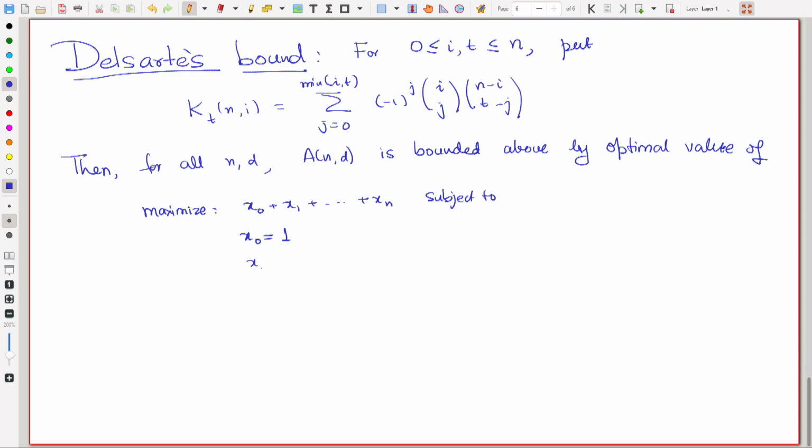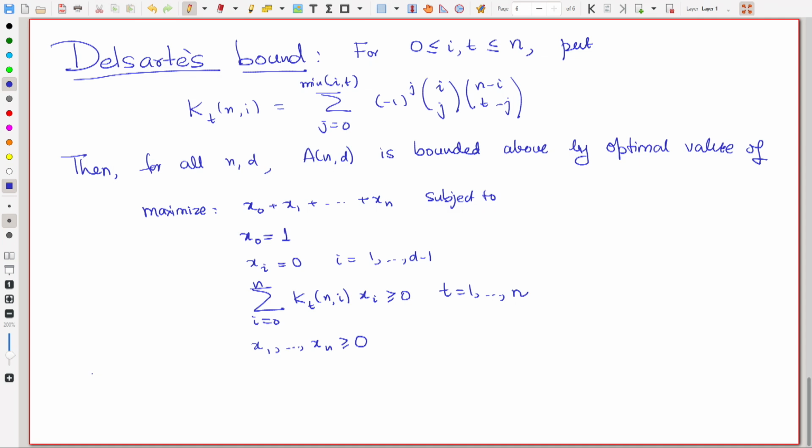Sorry, this looks a little silly, but x_i equals 0 for i equals 1 to d minus 1. So, these are not really variables, they are fixed, and the remaining are variables, and there are some linear constraints. The sum over i from 0 to n of K_t(n, i) x_i is greater than or equal to 0 for t equals 1 to n. And we also have the constraint that x_1 up to x_n are greater than or equal to 0.